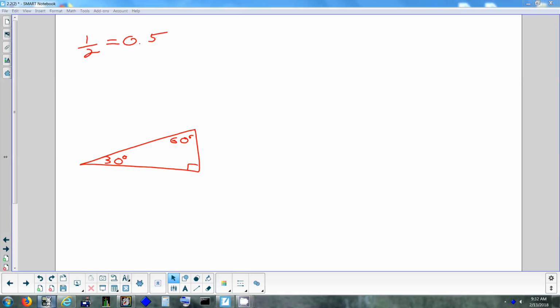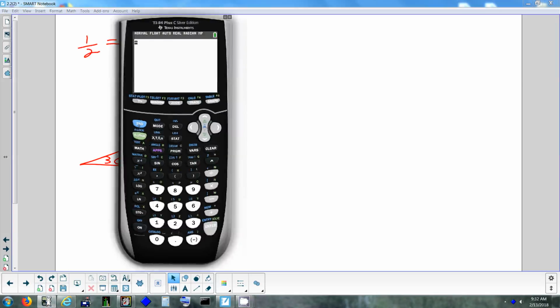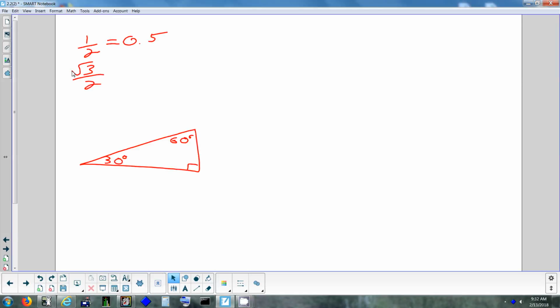Okay. If you take the square root of 3 and divide by 2, you get about 0.866. So root 3 over 2 is bigger, a little bit. The bigger number always goes with the bigger side.